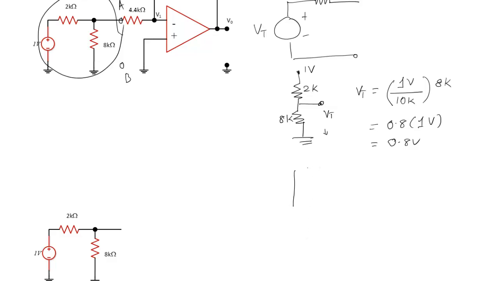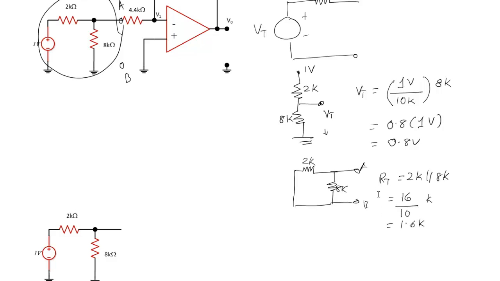That means there is no voltage at all, and then here you have the 2k and 8k, and this is the point of interest A and B. Therefore R sub t, the resistance between A and B, is 2k parallel 8k, and we can simplify this as 16 divided by 10k, which is 1.6k.